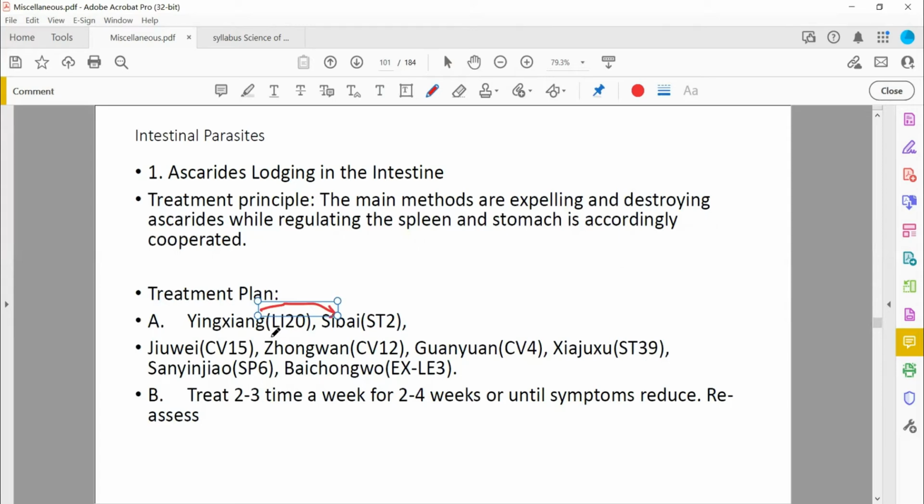And also this one is the lower intestine, stomach point. That's the digestive system. Empirical points for the ascarides and lower intestine, stomach point. And then we can use a penetration.